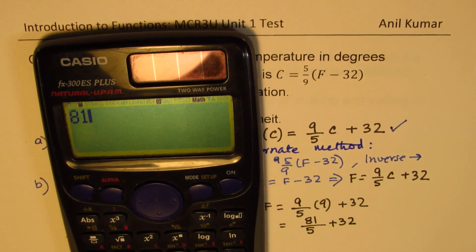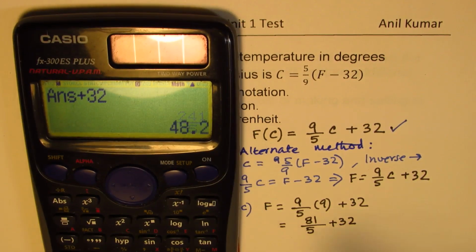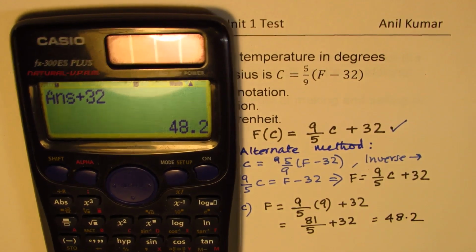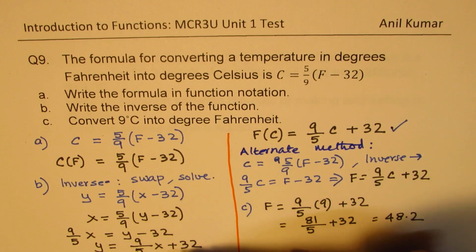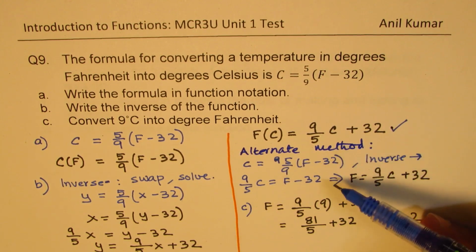We have 81 divided by 5 plus 32 equals, in decimals, 48.2. Clear? So that is how you could do it. If the calculator is not allowed, then this is not a difficult calculation at all. Perfect. But I hope you have understood how to find the inverse when we are working on an application question. This is a preferred method, but the other can be done as an alternate method.